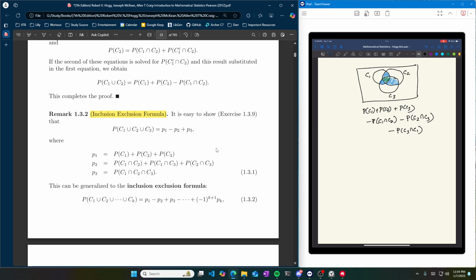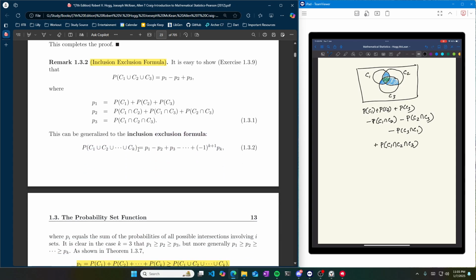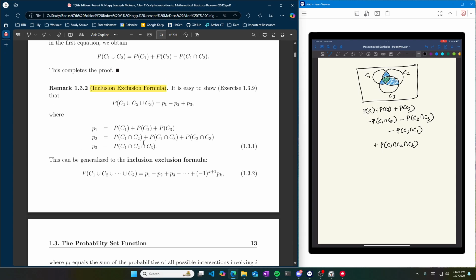Now, when we remove from all 3 of them, we don't even include the green one once. So we have to include the green one just once: C1 intersection C2 intersection C3. Essentially, that is what this theorem is. So it can be extended multiple times, and you can see the definition already.